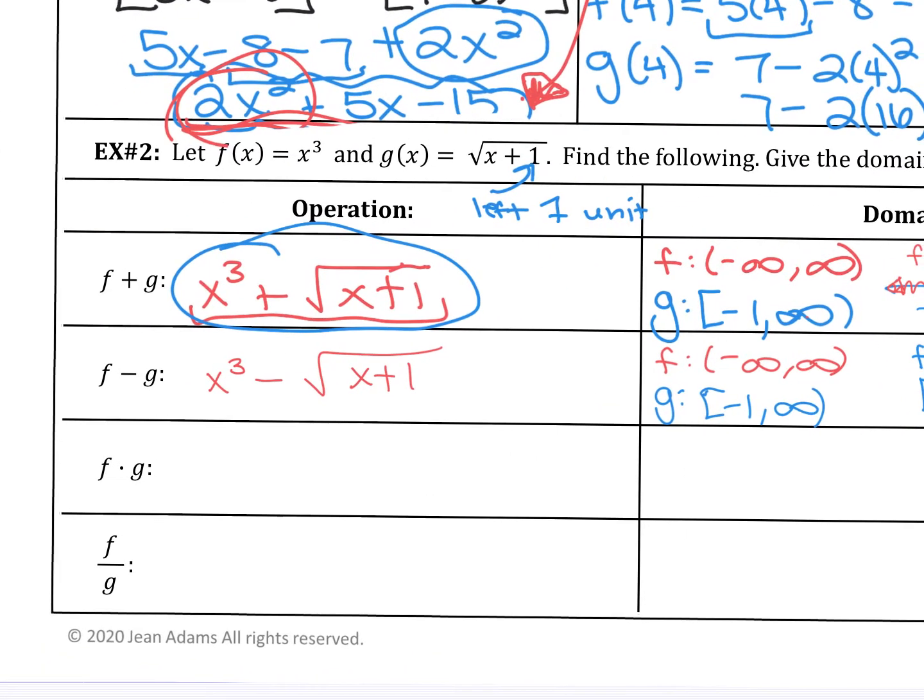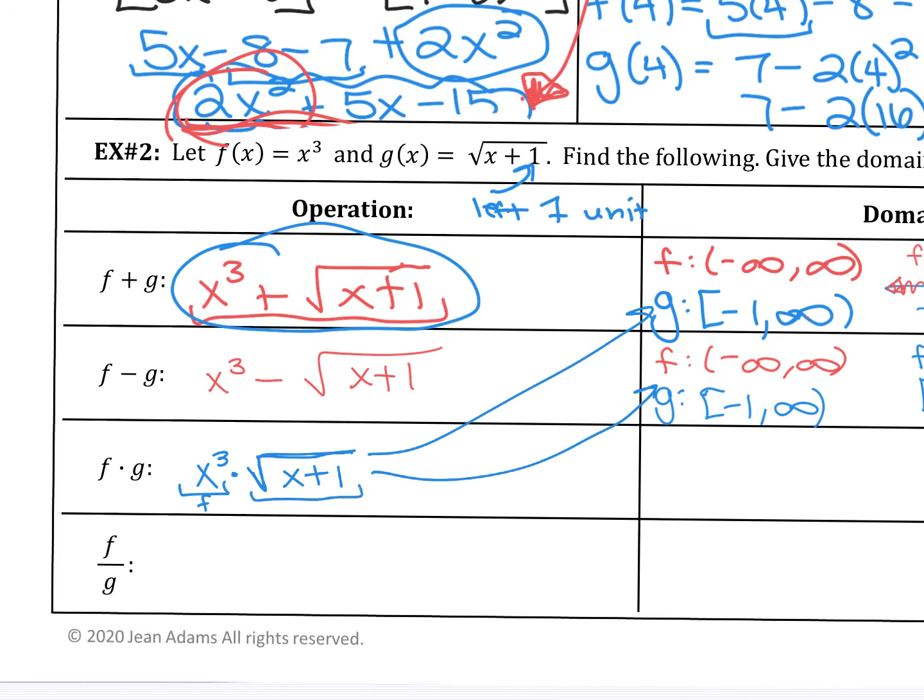For f times g, we get x cubed times the square root of x plus 1. I cannot multiply that x cubed. I can't distribute it into the radical or square root, so we just leave that alone. Again, the same thing that happened up here and here is that here's function f, and here's function g.